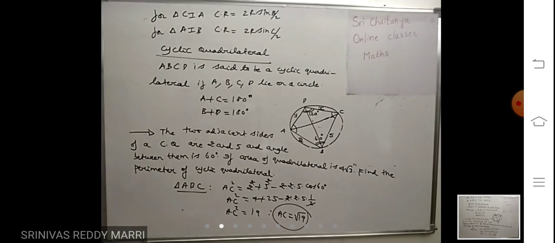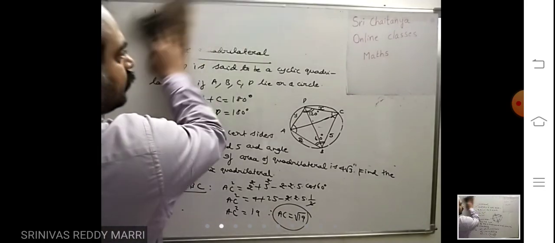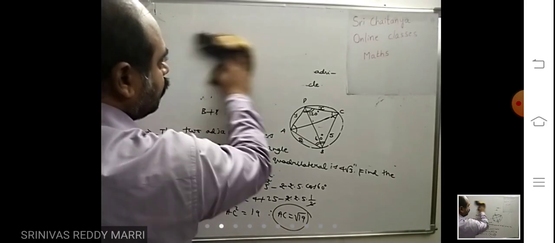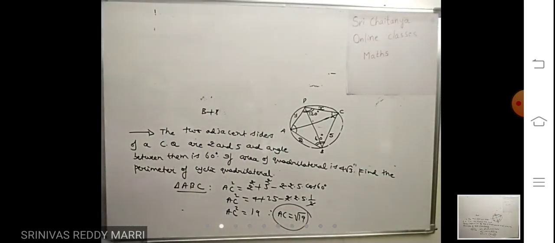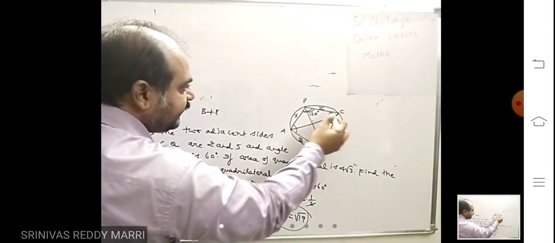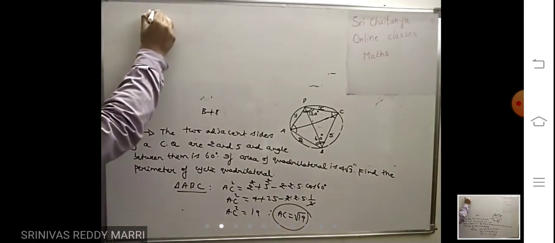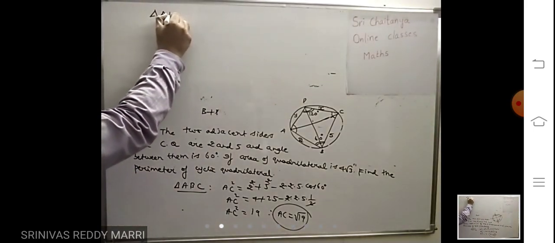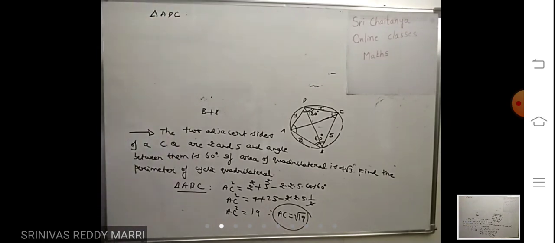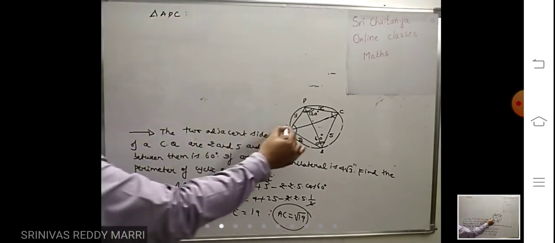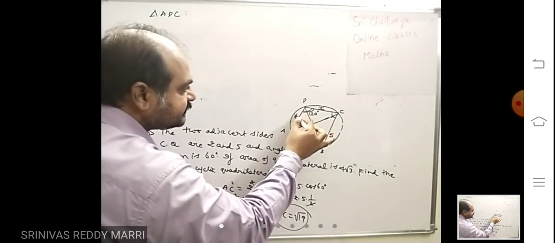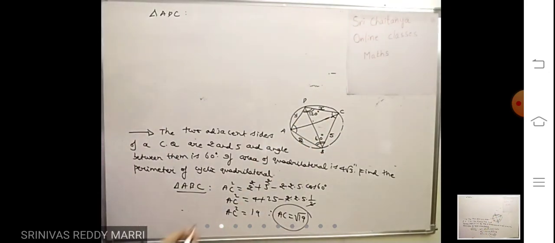Look, so AC you got here. Now you take the second triangle, triangle ADC. In this, this is X, this is Y, and this angle is 120 degree.